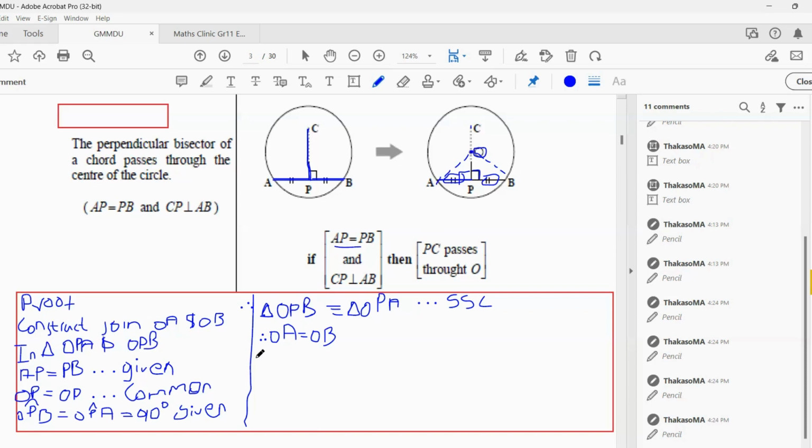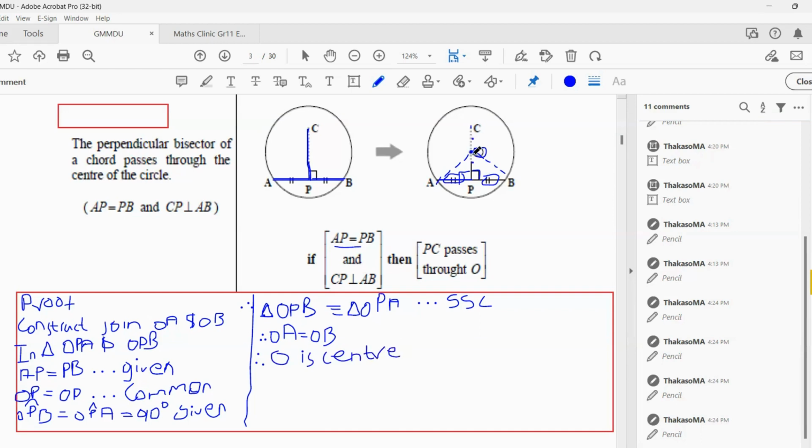What does that then mean? It will mean that any point on CP, it wouldn't matter whether we put it there or there or there, would have been a center. That means O is a center of the circle.